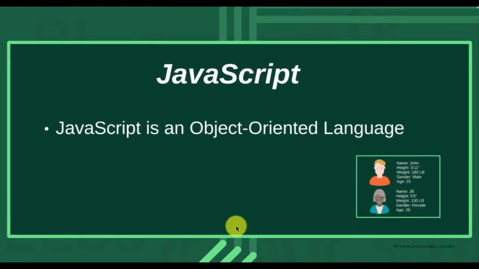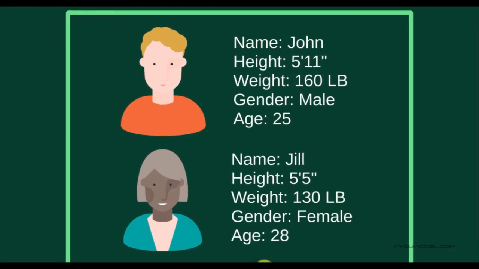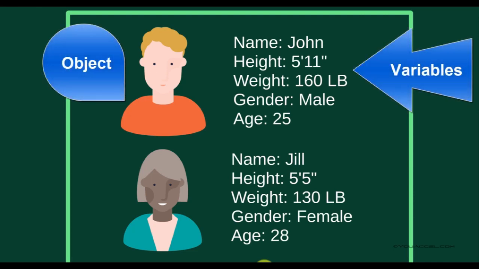JavaScript is an object-oriented language. This means that attributes of an object are contained within variables. For example, if we want to describe a person, we'll refer to this person as the object. We would typically use attributes such as name, height, weight, gender, and age.